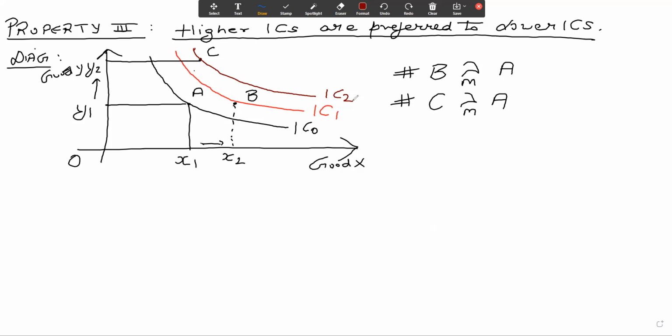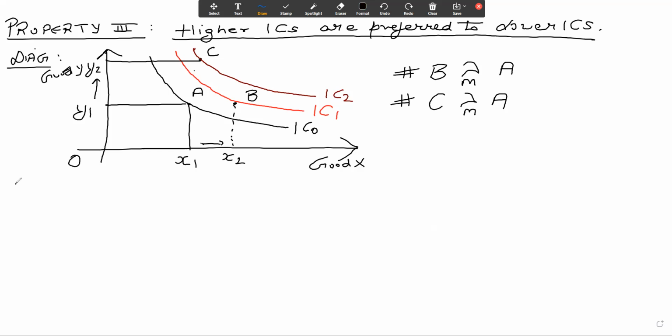I hope students have understood that higher indifference curves will always be preferred by the consumer to lower indifference curves. What is the reason behind this? The reason is monotonic preferences.